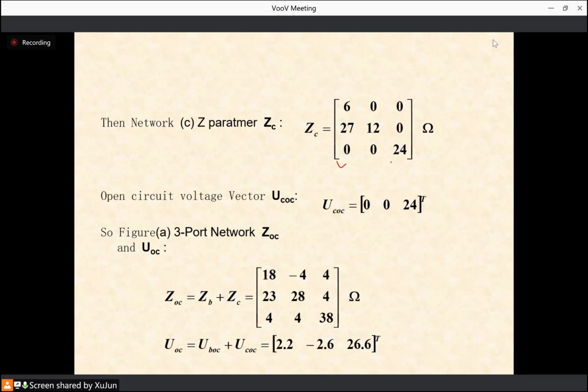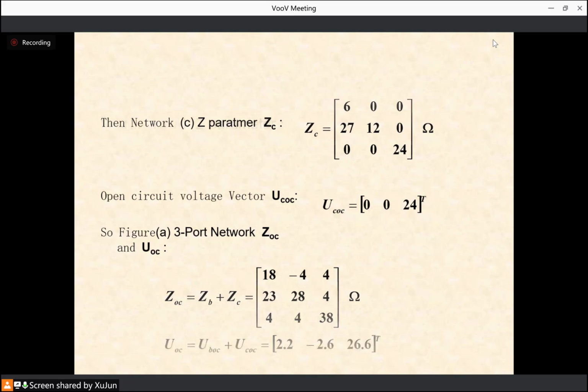So this is the ZOC parameter of this network. The total network ZOC is the total of ZB and ZC added together, and the total UOC is UB and UC added together because they are serial connected.